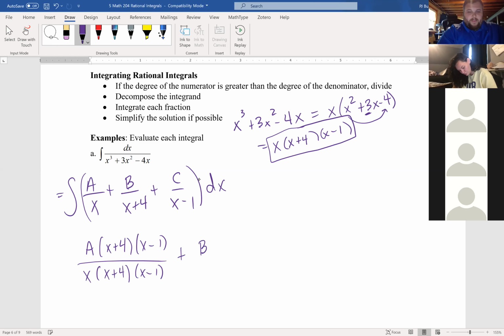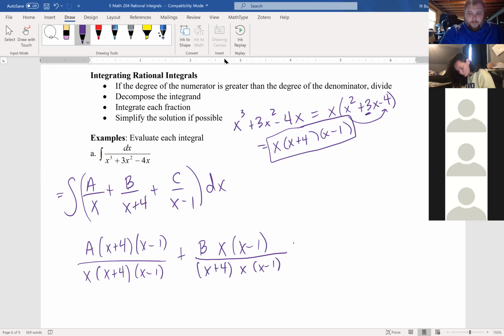The next one is B over x plus 4. It is missing x and x minus 1. So put those in there.